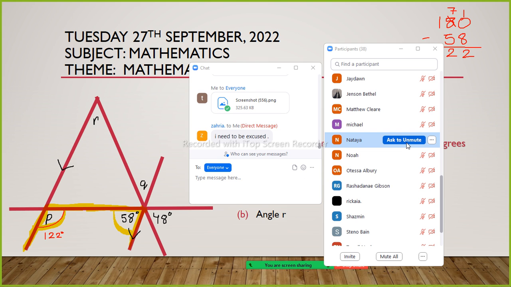Natalia, are you there, Natalia Watson? Yes, sir. Okay. Just wondering, do you understand how we got P is 122 degrees? I think. All right. What do we know about P and 58? What type of angles are they?